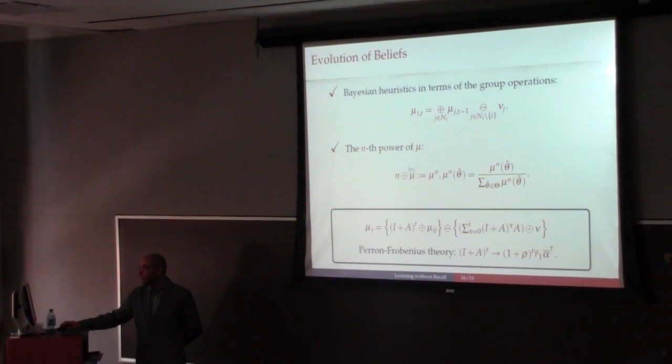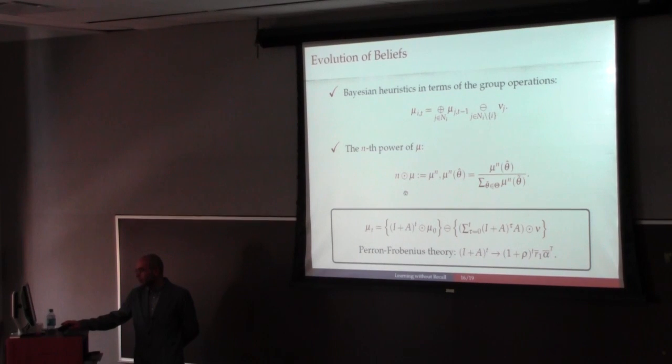You can also have the nth power of mu by defining the power operation, basically addition of mu with itself. This operation would show distributive properties. So if you have a sum of two integers n and m, addition of integers would be distributive over this power operation.